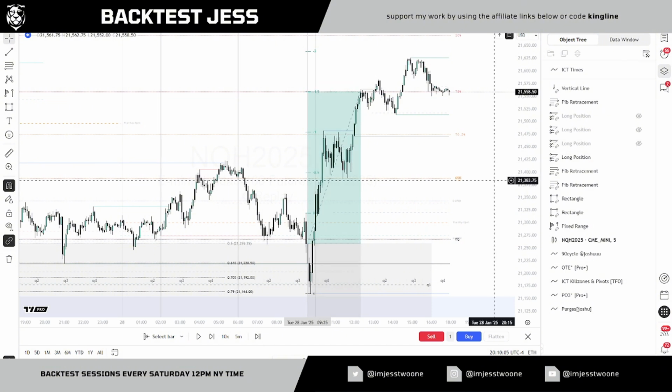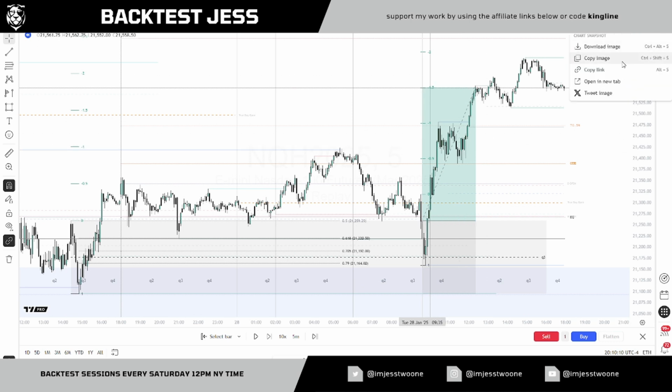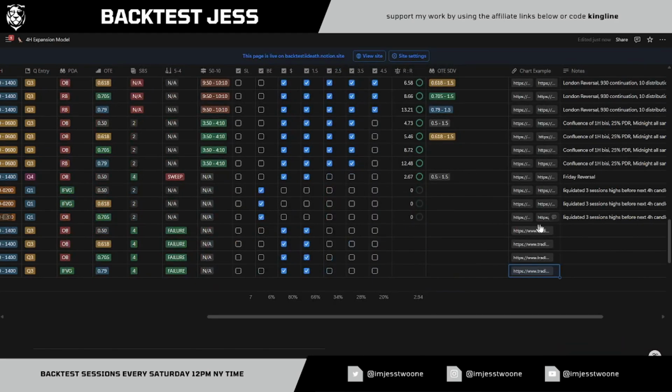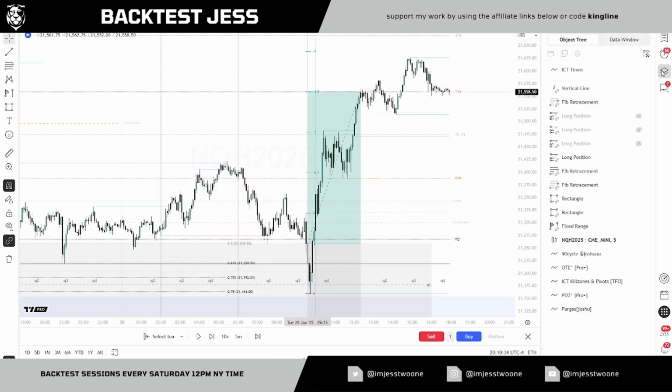Alright, so 0.5 there. This is 1.83R. Shit. Next guy, 2.64R.